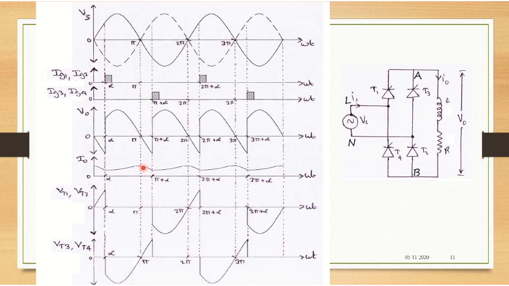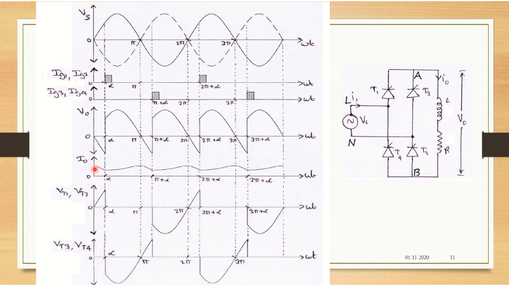That is, there is positive current in the circuit, but there is still a ripple. So there is variation in the current, but this ripple in the current, as I said, can be controlled by the value of L. Which means the higher the value of L, that is, the higher the inductance, the lesser the ripple in the current, which means you can have continuous current by increasing the value of the inductor.